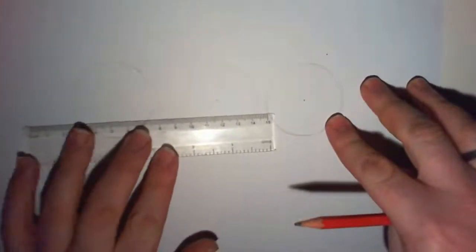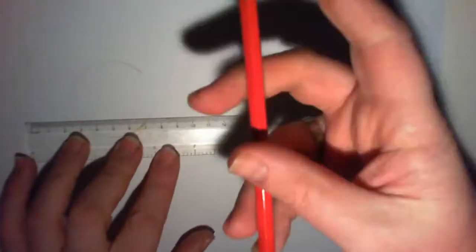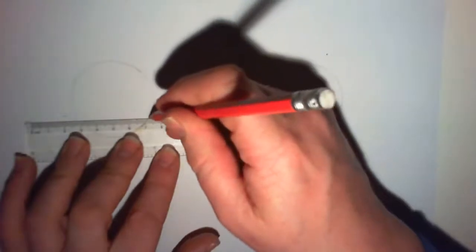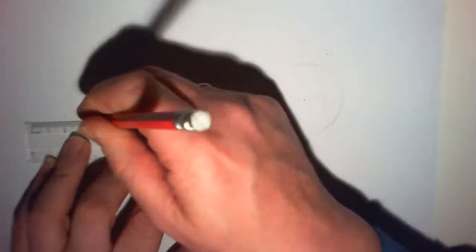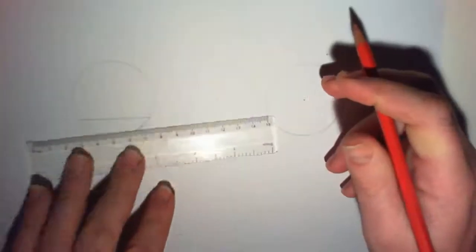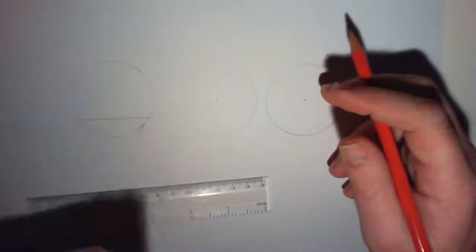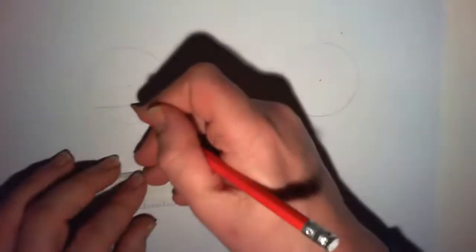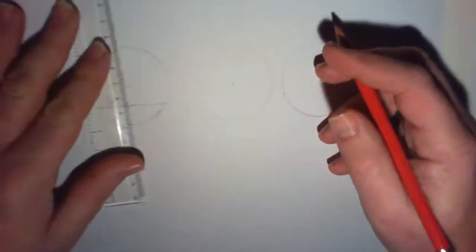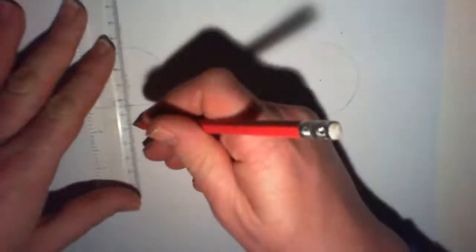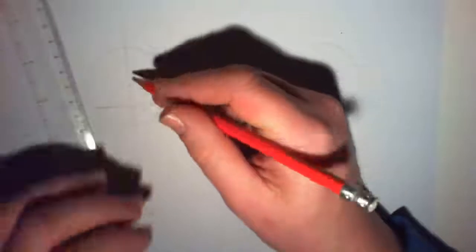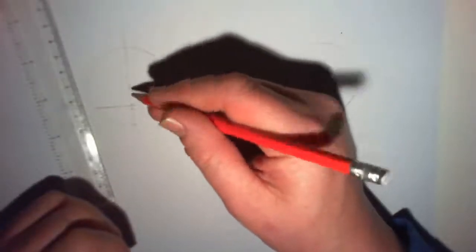If you get any chord, in other words, a line that goes internally from one side of a circle to another, and the biggest chord in a circle is of course always the diameter. If you have a chord and you bisect that chord by finding its midpoint, then a perpendicular line through the midpoint will always go through the center.